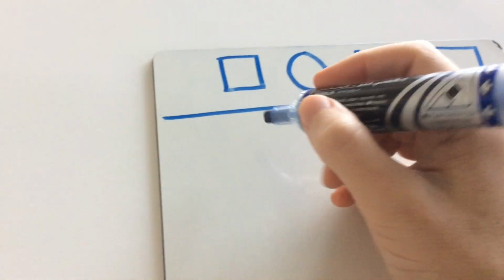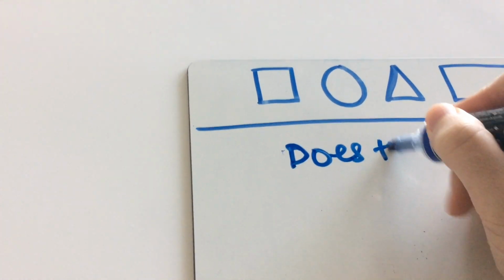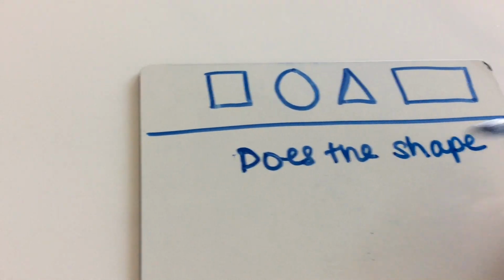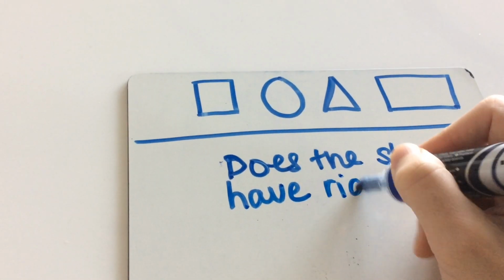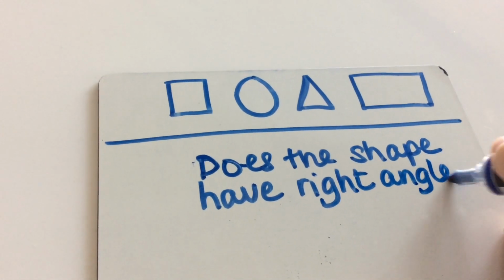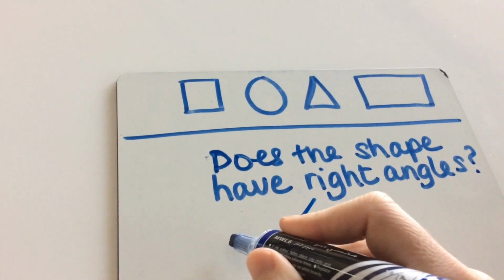So my first question is going to be, does the shape have right angles? Okay, so we've only got two answers to that.